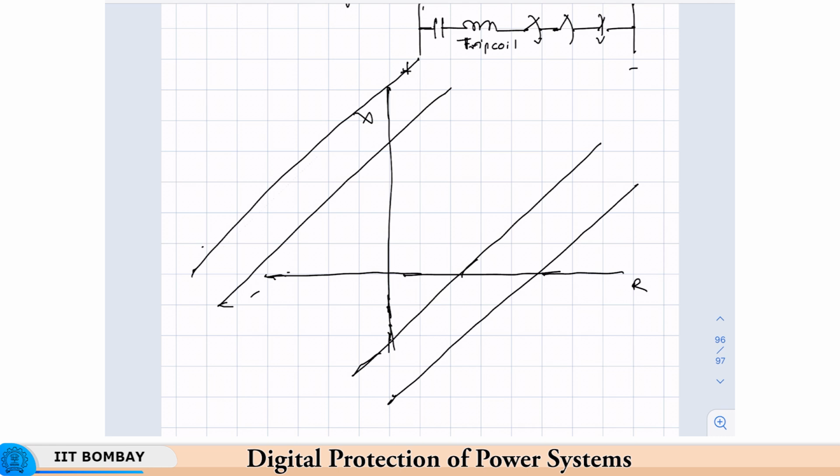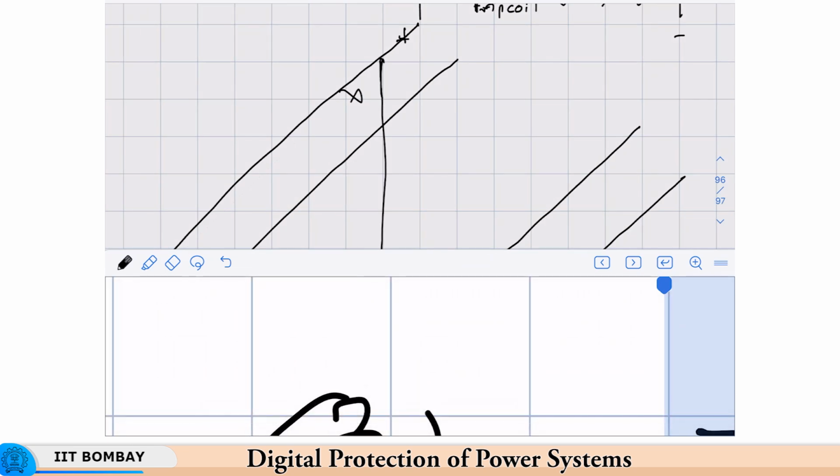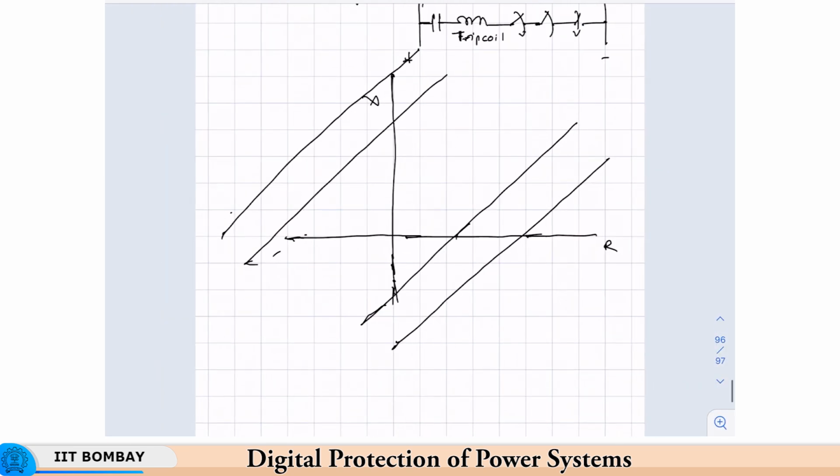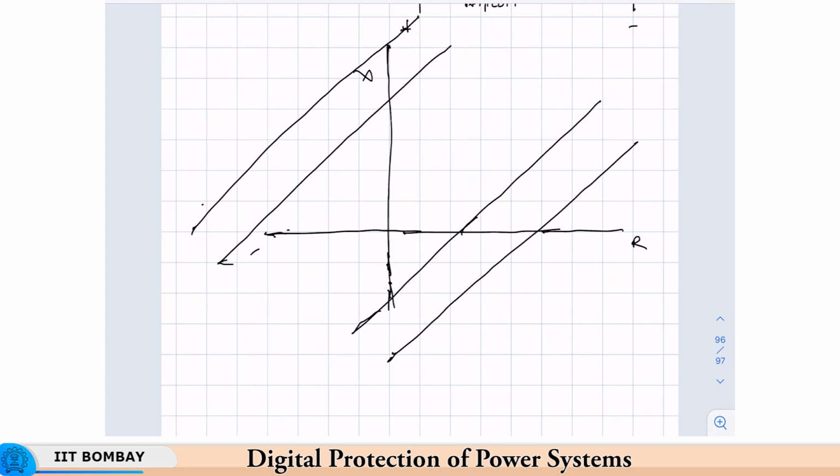Okay. So, the basic principle is this. Once there is a fault or a power swing, the impedance locus is going to cross both these characteristics.